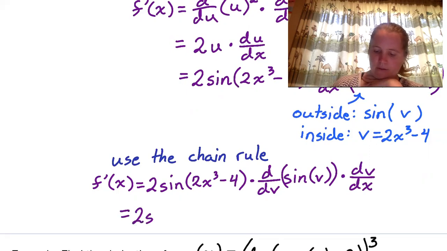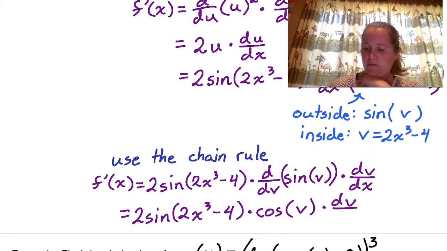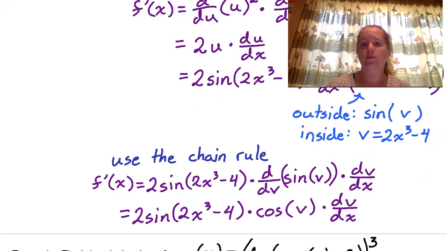So we have 2 sine of 2x cubed minus 4 times the derivative of sine v is cosine of v times the derivative of v with respect to x. I need to give myself a little more room to finish this problem.